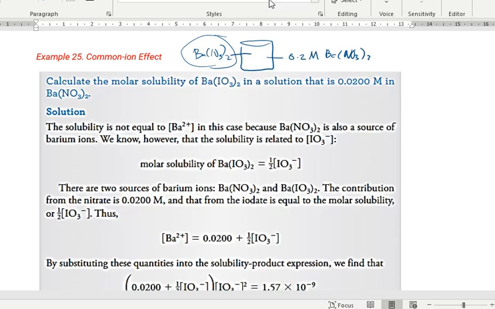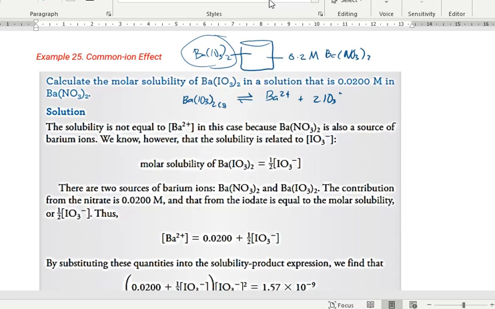Okay. So since you're asked for the molar solubility of barium iodate, let's start with the equation for barium iodate, which we already observed in the previous video. So we have barium iodate, this is solid, and this will dissociate in solution to barium 2 plus and 2 iodate ions.